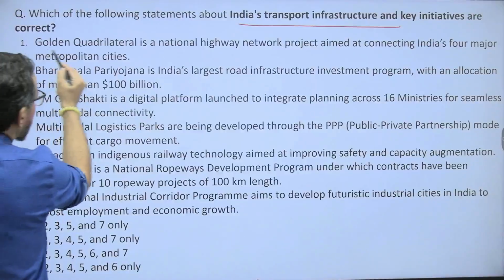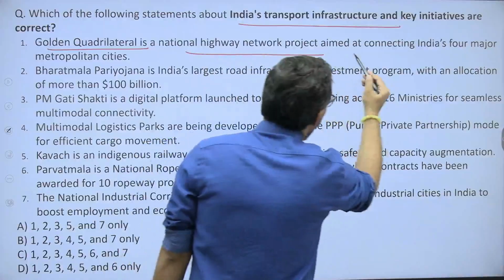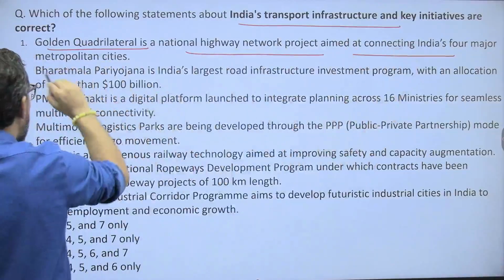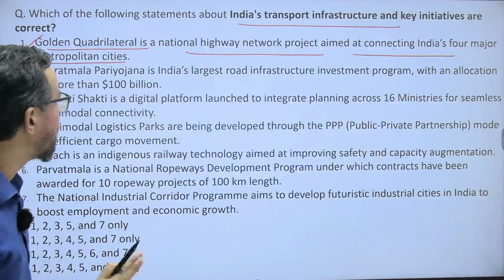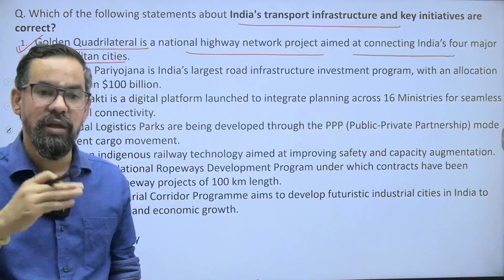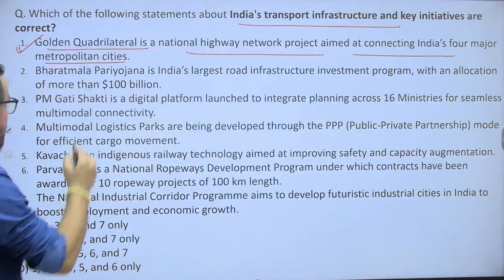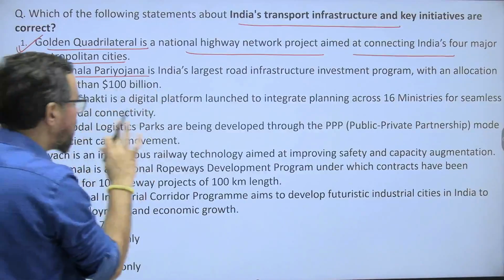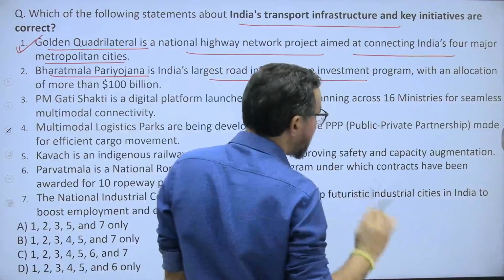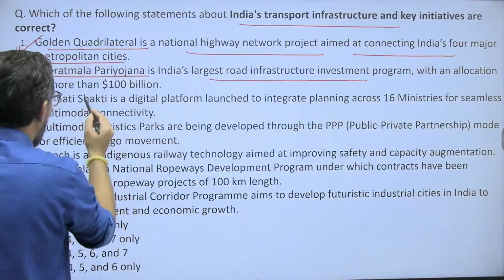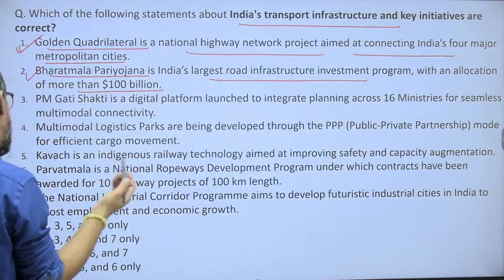The Golden Quadrilateral is a national highway network project aimed at connecting India's 4 major metropolitan cities. 100% true. This highway project connects Delhi, Mumbai, Kolkata and Chennai, these 4 metro cities. The Bharatmala Pariyojana is India's largest road infrastructure investment program with an allocation of 100 billion US dollars. The government introduced this in the previous-to-previous year's budget.